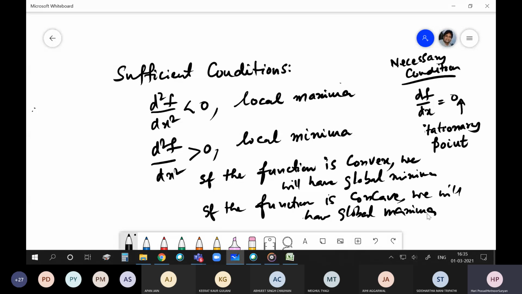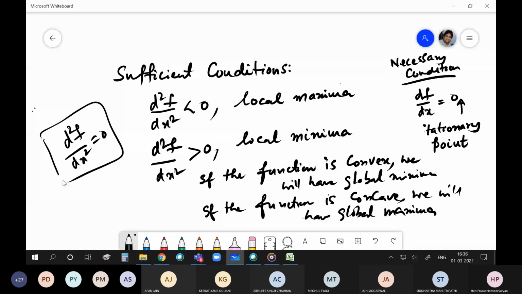Suppose d square f by dx square becomes 0 at that point, what should we do? Point of contraflexion. So you have to still prove further.